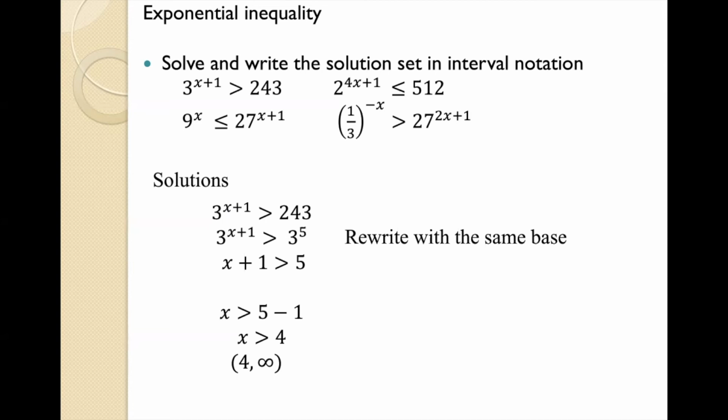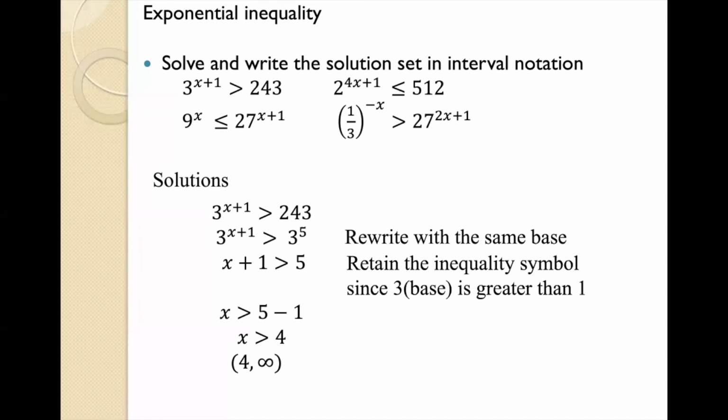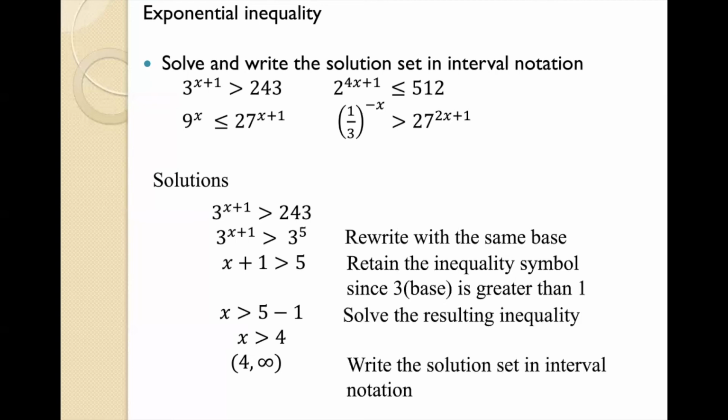So, they have the same base already. Equate. You have x plus 1 is greater than 5. And then, since the base that we use is 3, it's greater than 1. So, the inequality symbol is retained. So, we have x is greater than 4. In interval notation, it's 4 to infinity.